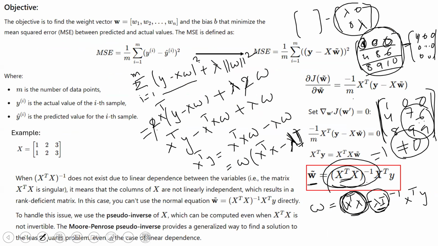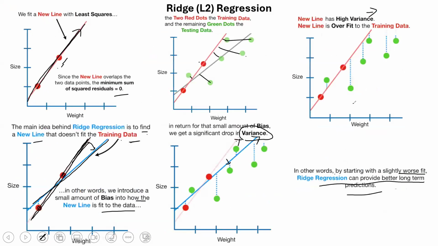Even though there are dependent variables, you can calculate the inverse of the matrix by taking the pseudo inverse of X, by using singular value decomposition methods, or by using L2 regression, or ridge regression, or the L2 norm. What ridge regression will do is add a bias. That bias will reduce the variance, and that will eliminate the overfit condition.